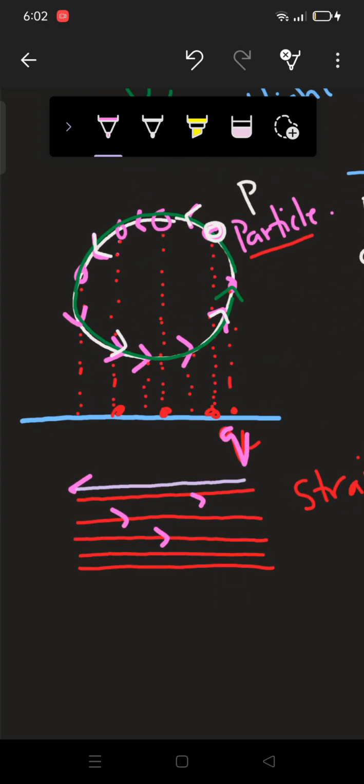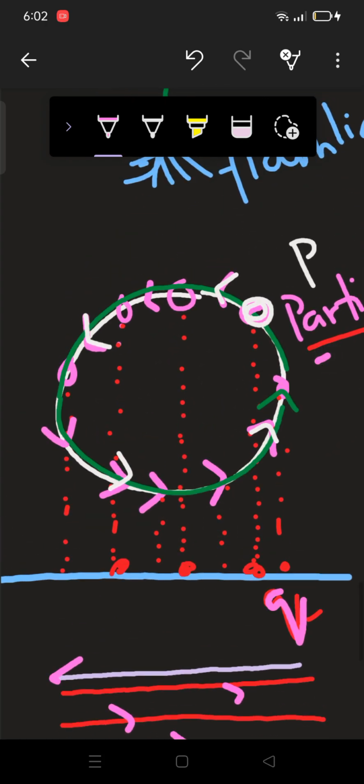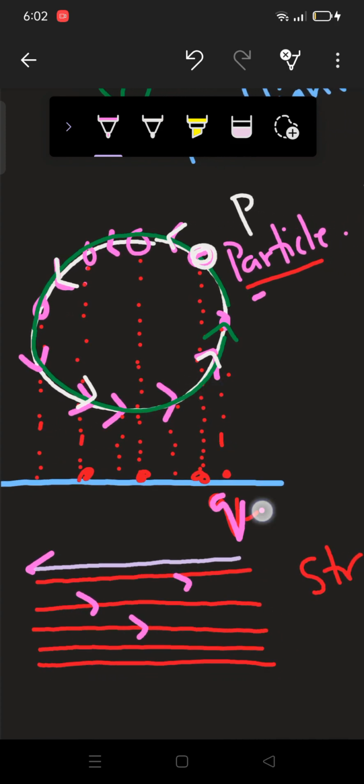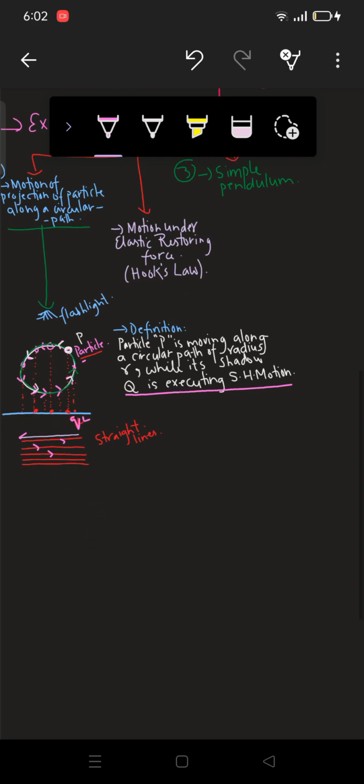See, particle P is moving along the circular path, but with the action of moving in a circular path, the particle P is producing a shadow, and that shadow we have named Q, and that Q is executing simple harmonic motion, right? So I have explained this definition in very simple words.